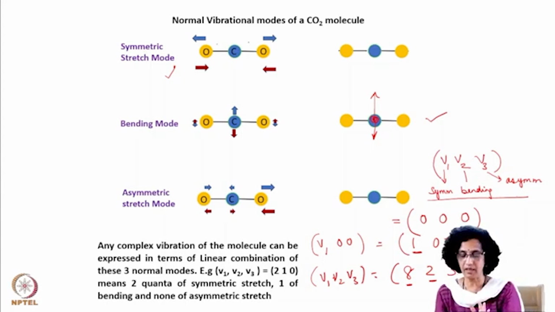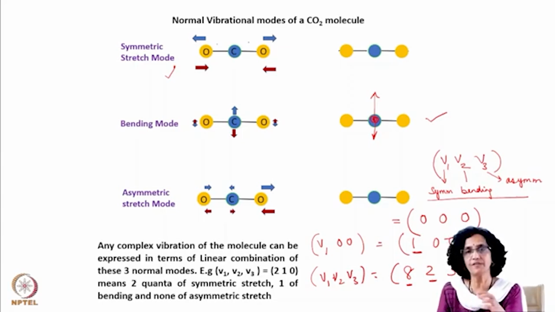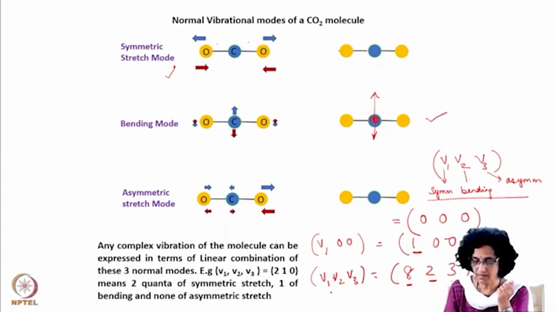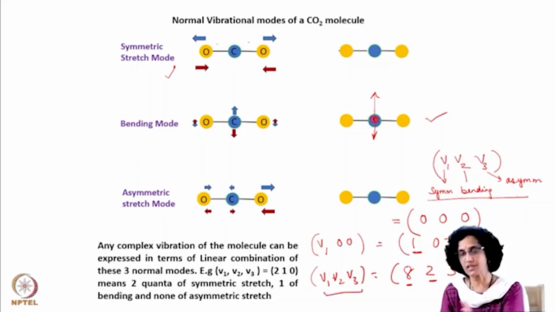So this is the kind of nomenclature one normally makes use of. And in future, we will talk of the vibrational levels of CO2 molecule using these three quantum numbers, V1, V2, V3, and their corresponding quanta of vibrations.